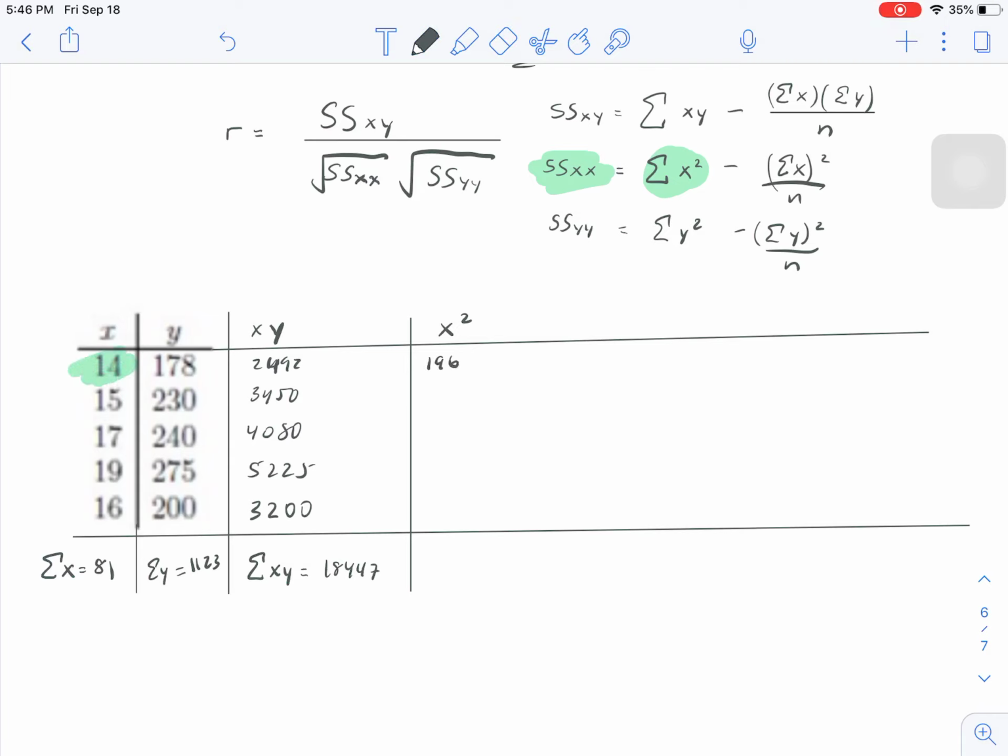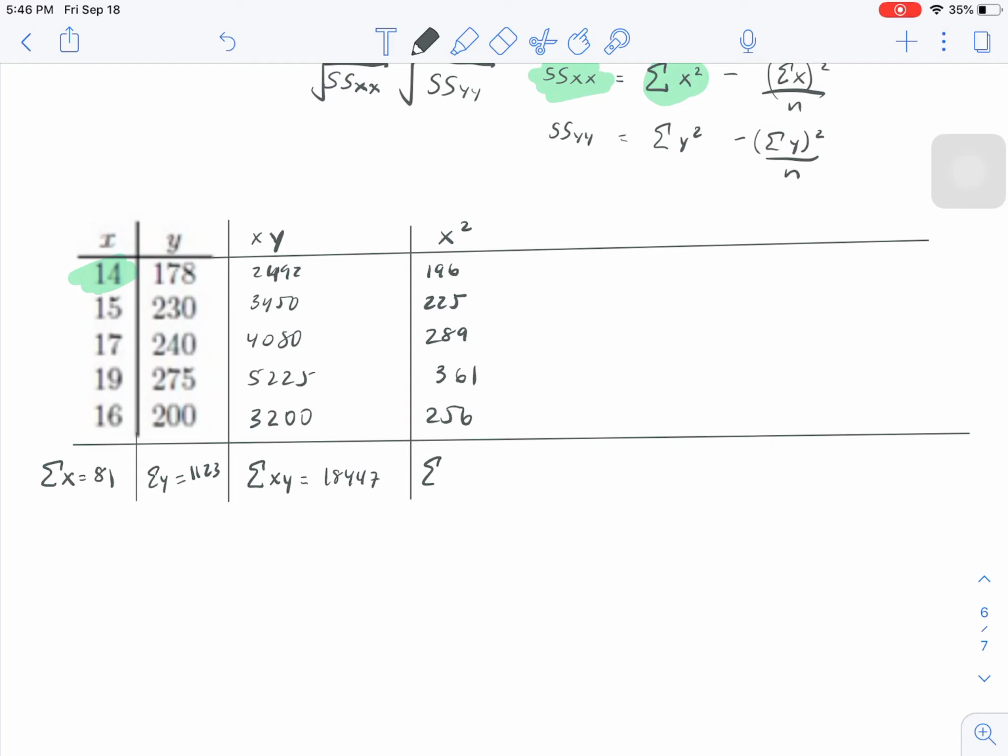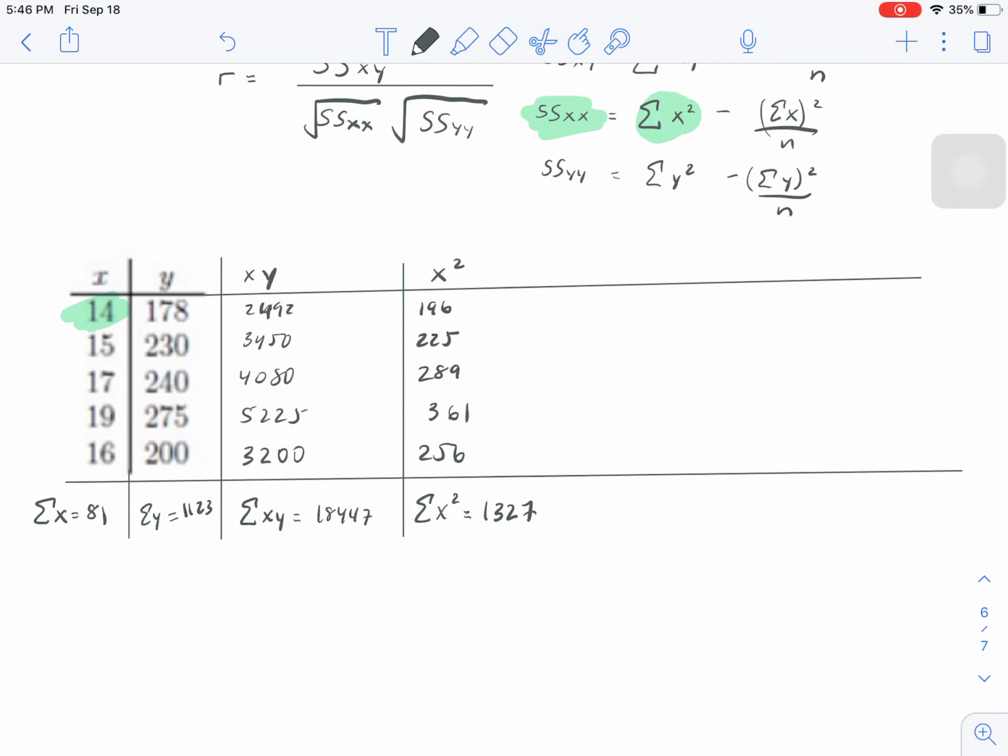So this is 196, 14 squared, 15 squared is 225, 17 squared is 289, this is 361, and 256. So then the sum of all the x squareds is, let's see, I think this is 1327. I already have the sum of all the x's.